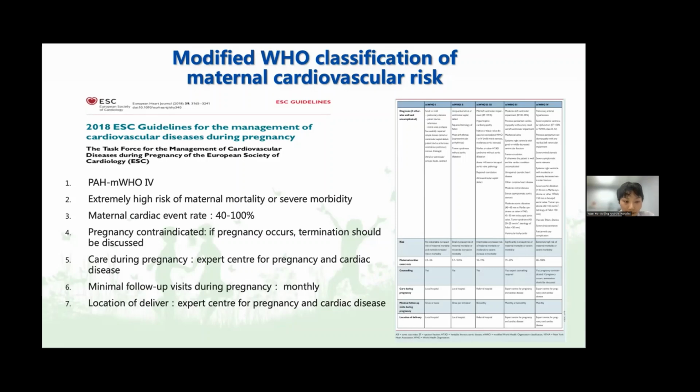Pregnancy is contraindicated in these patients, and if pregnancy occurs, termination should be discussed. Care during pregnancy should be in an expert center for pregnancy and cardiac disease. The minimal follow-up is monthly visits during pregnancy, and delivery should also take place in the expert center for pregnancy and cardiac disease.